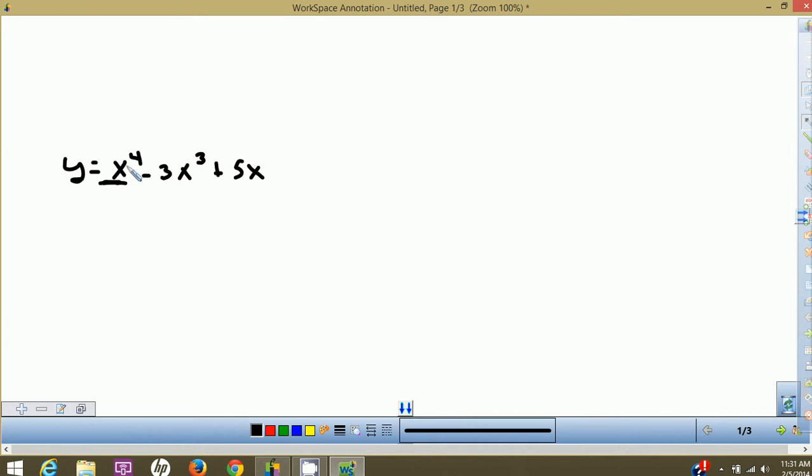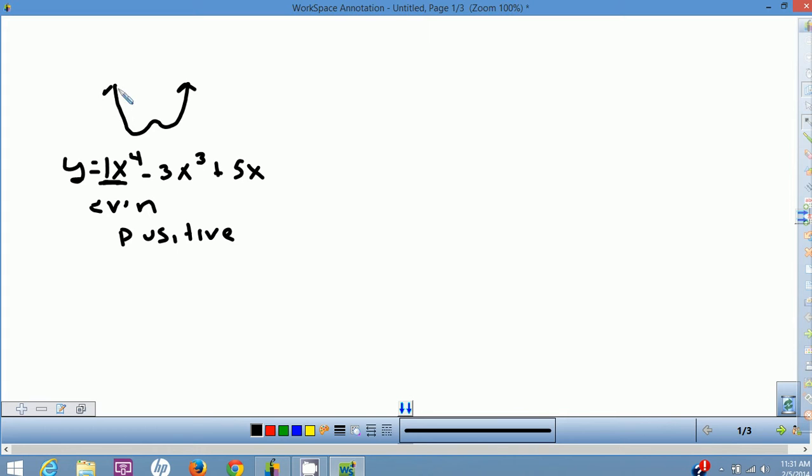So it's a 4th degree polynomial with a leading coefficient, even though we don't normally write it, of 1. So my degree is even, and my leading coefficient is positive. My 4 is an even number. My 1 is a positive number. So what does this look like on the ends? Well, on the ends, it's going to go up. We have even and positive, it goes up on both ends. Now, we might have twisties here in the middle, but it's going up on both ends of the function.